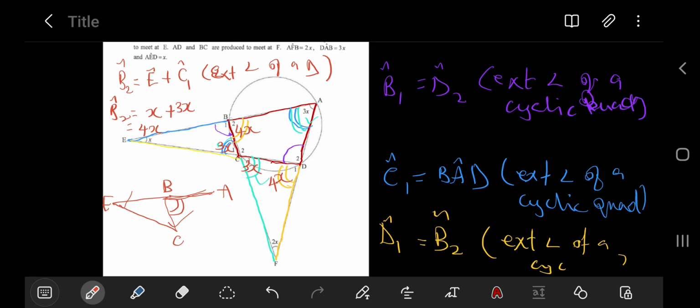But also in the same triangle, EBC, EC is produced to D, right? We have something like that to D. So that angle should be equal to that plus that. Okay? Which is C2. C2 is equal to B1 plus E, which is x up there.